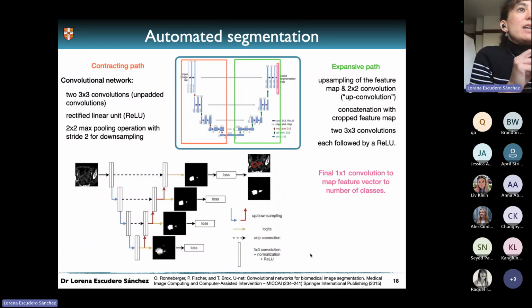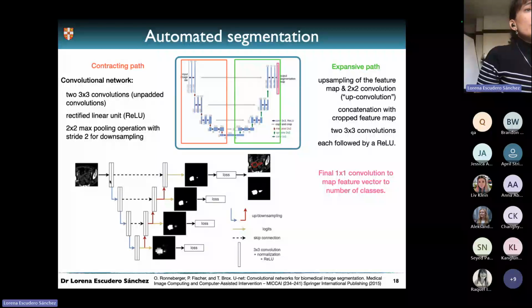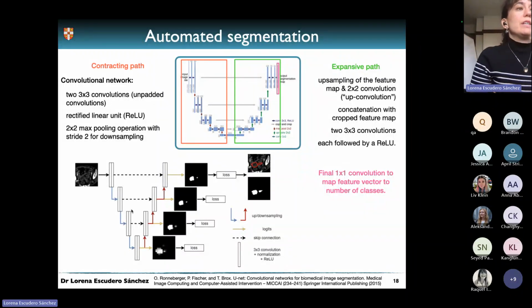The reason why U-Nets have worked so well for these very large volumes of biomedical images is that they combine a contracting path, which is basically a convolutional network. This is the part where we are going down in the U shape, extracting abstract features at a lower and lower resolution. Of course, if we lower the resolution a lot, we then need to undo that process, because at the end, remember, we want a pixel by pixel classification.